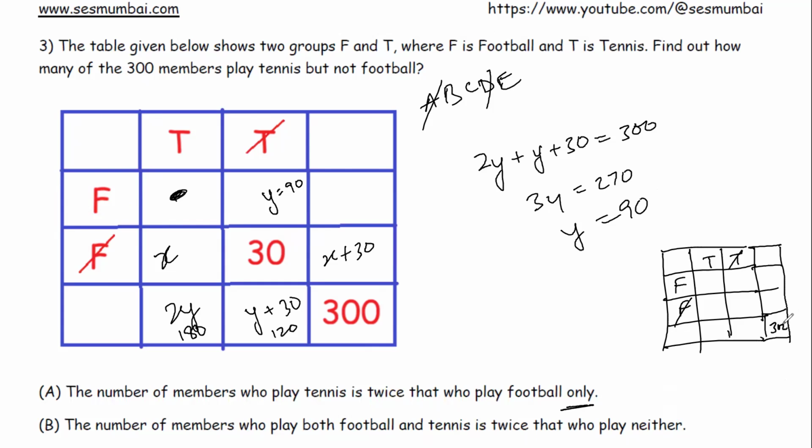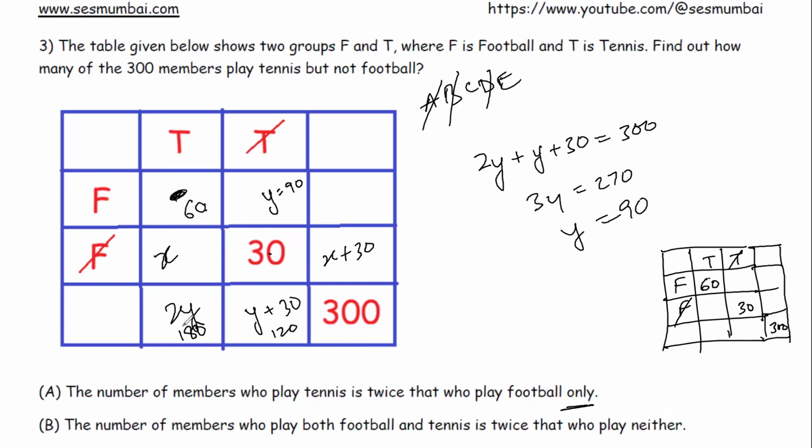That is 300. That is 30. Okay. And then we start again. The number of members who play both football and tennis is twice that who play neither. So this is 60. We know this. Now again, we are left with nothing out here. This is 60, 30. We don't know anything. So B also doesn't answer, but when we include both together, so we know this is 60.